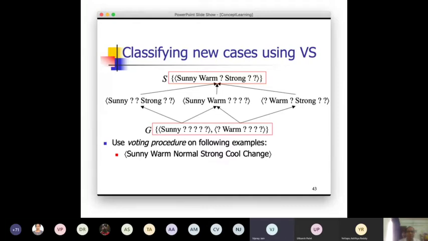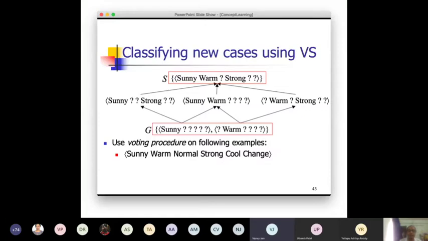The best way of looking at it is to check with the hypotheses in S and G, because S is the most specific and all other hypotheses are more general than S. So any instance labeled positive by a hypothesis in S must be positive for all other hypotheses. You need not check further if it is already satisfied there.